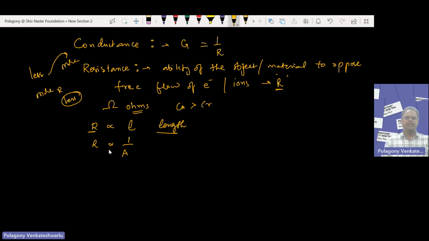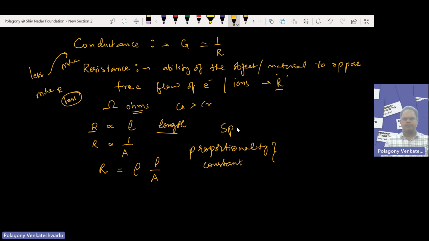Taking the proportionality constant, R is equal to rho into L upon A. The constant of proportionality rho is called specific resistance.